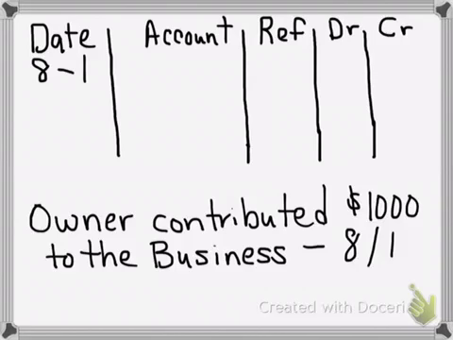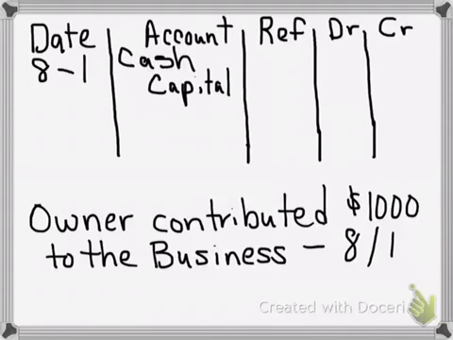The journal entry is that the owner contributed cash to this company. So I'm going to have the cash there. The other part of it is, since the owner contributed it, that is going to be the capital account. Now remember, when we do these entries, we do have to indent that credit account.